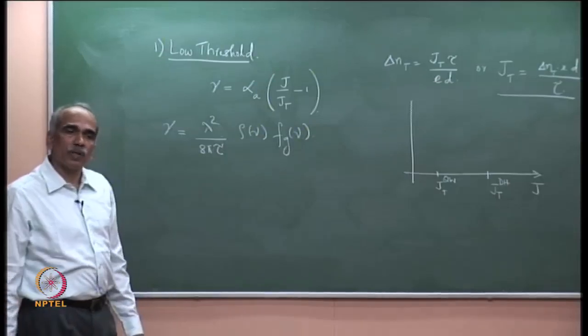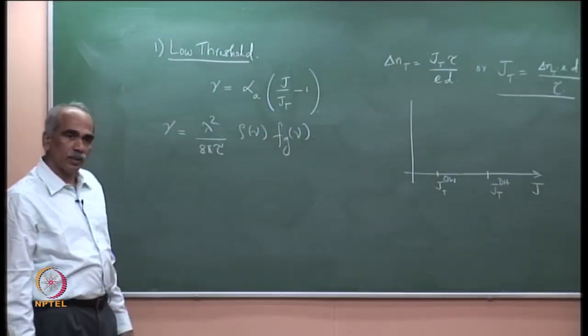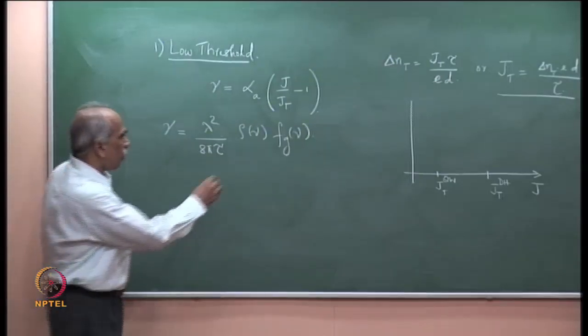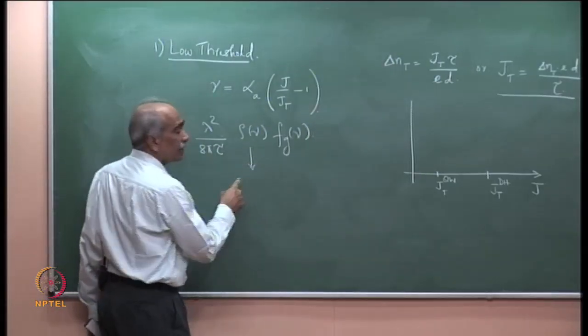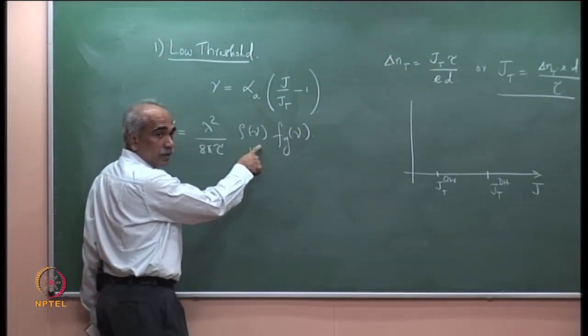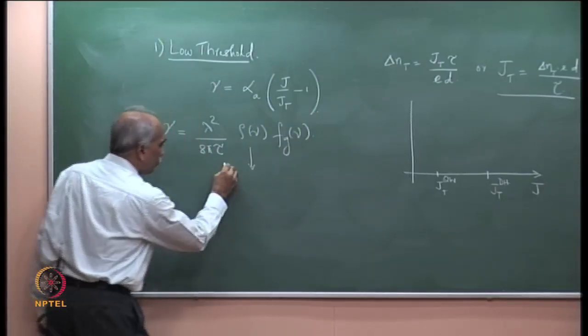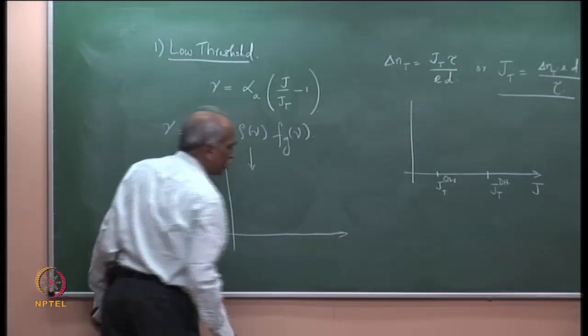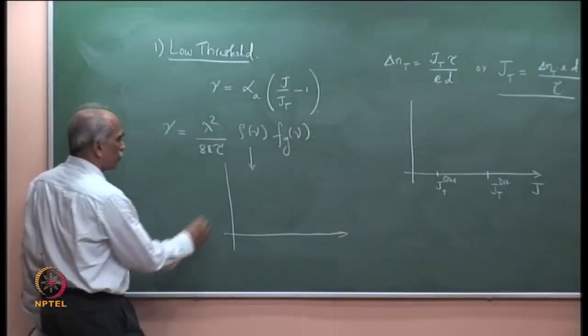This is the expression for gain coefficient. Rho of nu here is the density of states, which is a staircase like function. This is a staircase function, and therefore, if you recall lecture 23, we have discussed gain in a quantum well structure.